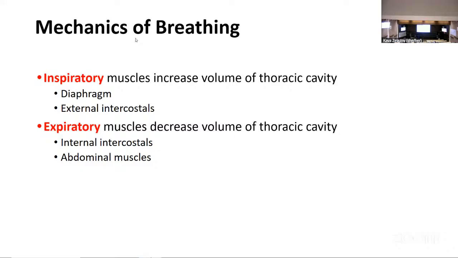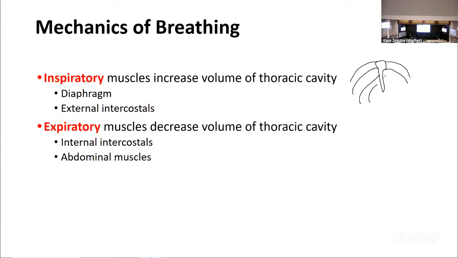So here, I'm going to draw my sternum. Okay. We're going to have ribs. I'm not going to draw the right number of ribs. Okay. But we're also going to have our very important diaphragm.